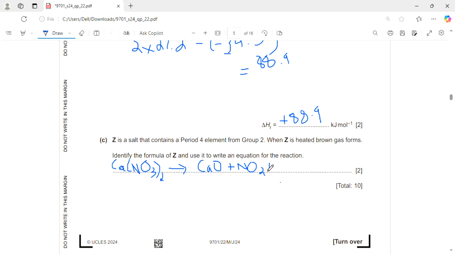All right, but we must check the balance. So calcium is balanced, oxygen is not balanced. All right, so we must add the 2 here.